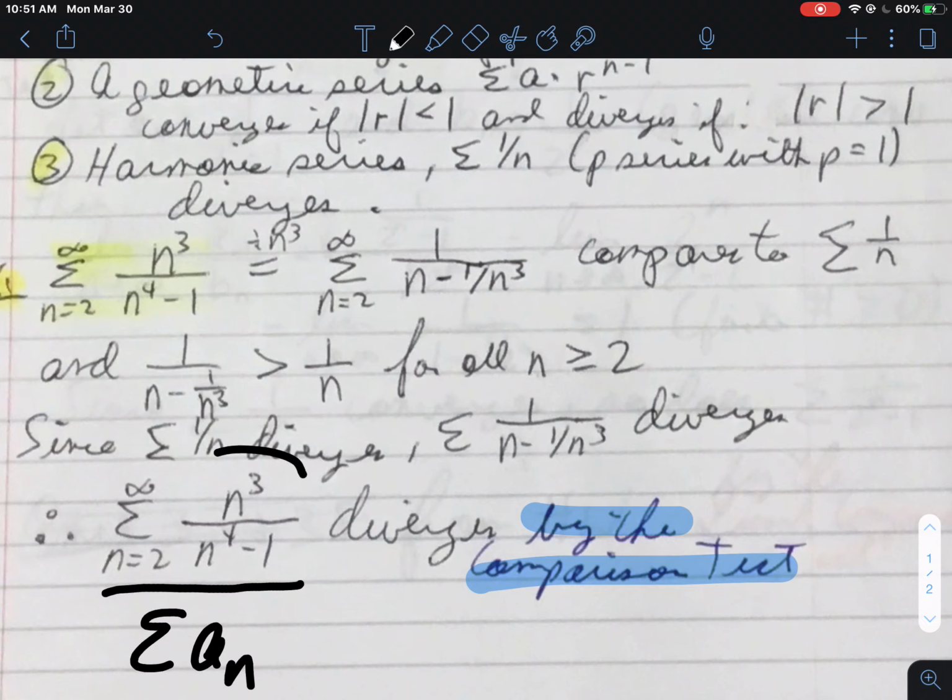If you don't want to rewrite all of this, just give me a generic a sub n, and that's fine. But you do have to give a final statement, a summary statement, that the series is either convergent or divergent by what test, so by the comparison test, or with some of the other tests that we're going to look at.